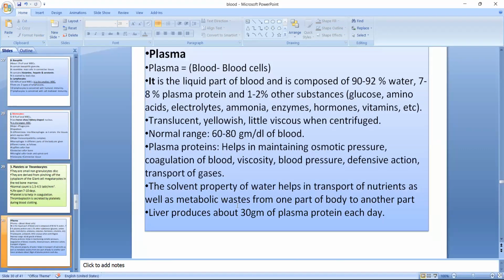Plasma. So plasma, blood minus blood cells is equal to plasma. Okay, it is the liquid part of the blood.